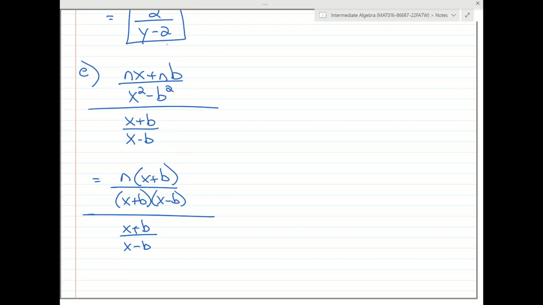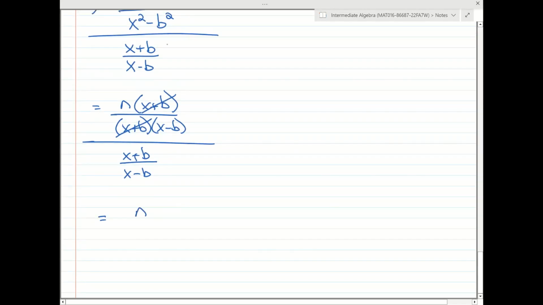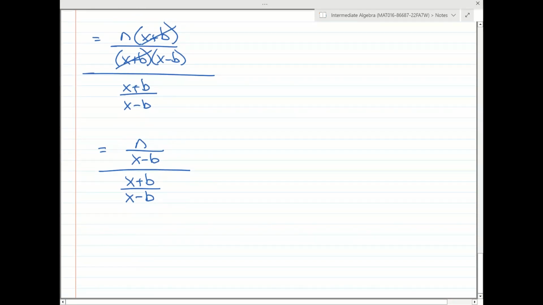By factoring, we could see these factors cancel. So really what we're left with is n over x minus b divided by x plus b over x minus b. So we factored first to try to get the LCD. Now we can see the LCD. It's just x minus b.